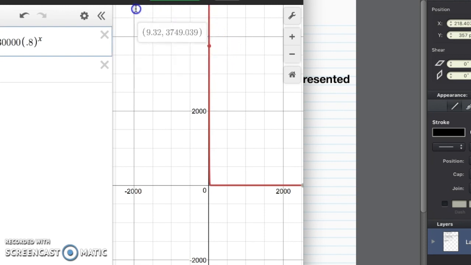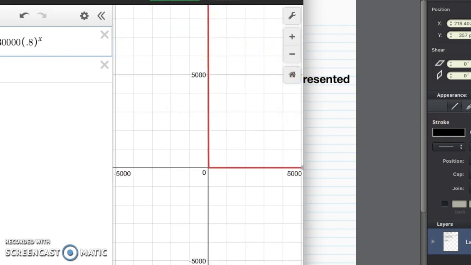So we can play around with this slider here. Year 8, it's only worth 42,000. Year 5, by year, let's go to 6. By year 6, looks like we're at about 7,800, right?